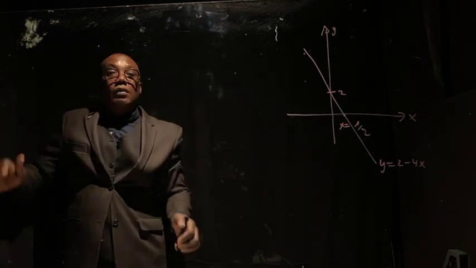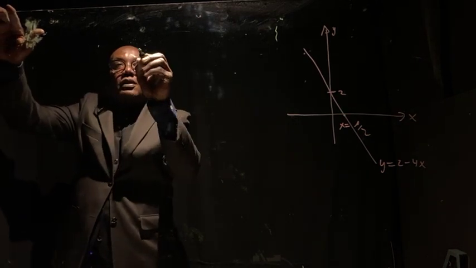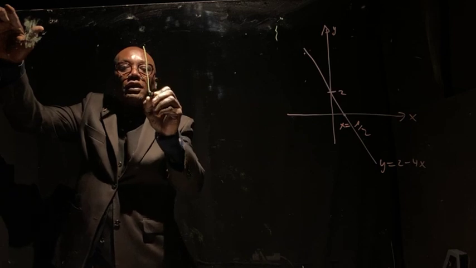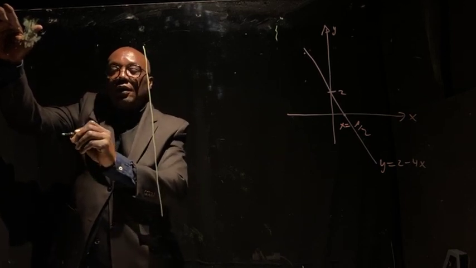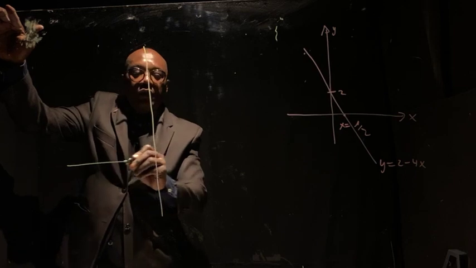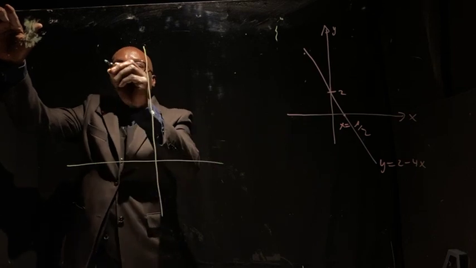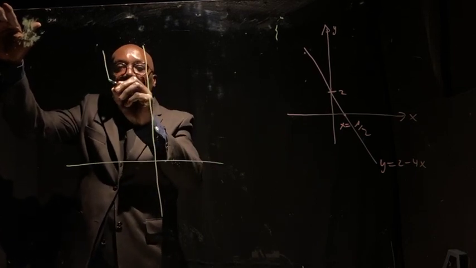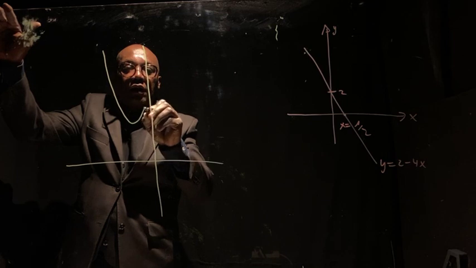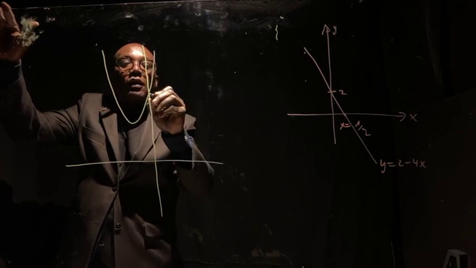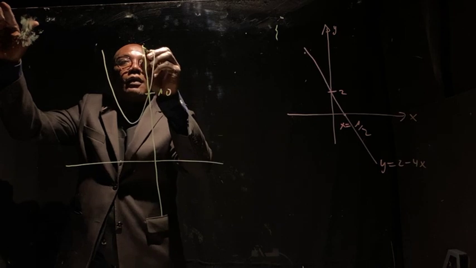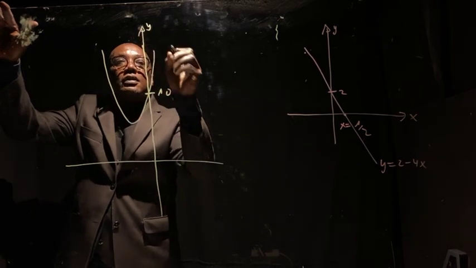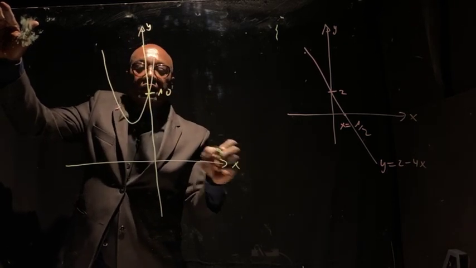Now, welcome back. This was the previous quadratic graph. It looks like this. And this was 10. This is the y-axis, and this is the x-axis.